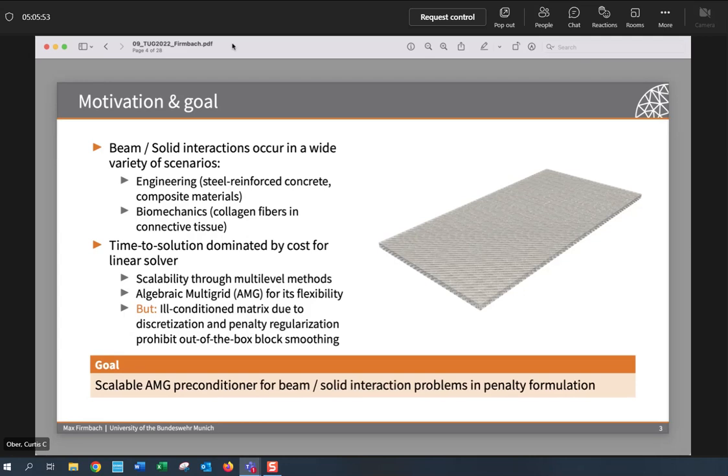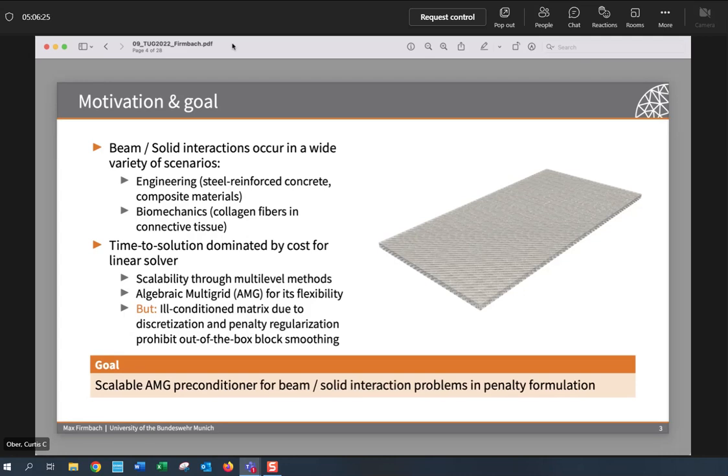Also in biomechanics, there are several application cases, for example, collagen fibers in connective tissue. What we experience with these simulations is that the overall solution time is really dominated by the cost for the linear solver. So we want to achieve scalability through multi-level methods. We will use algebraic multigrid due to its flexibility.